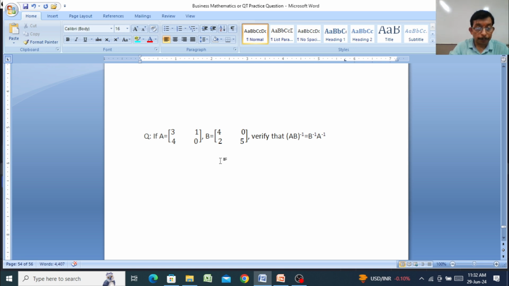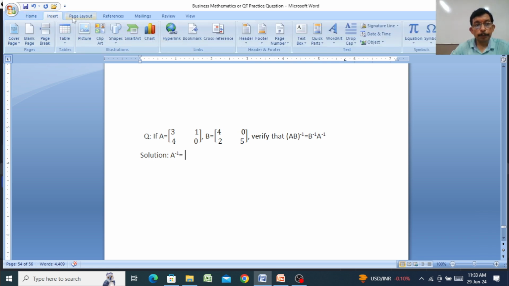A inverse is equal to, now we find the A inverse. It is equal to 1 upon determinant of A. What is the inverse?